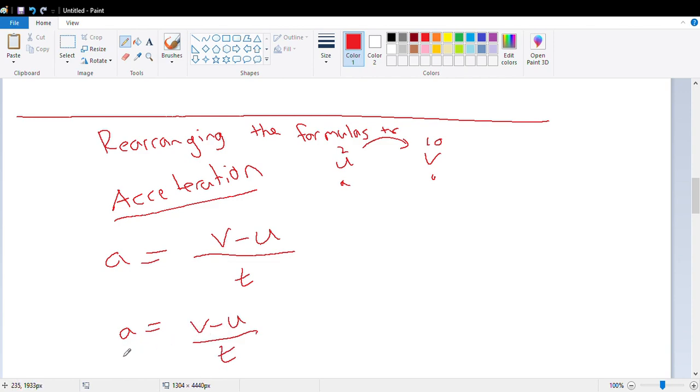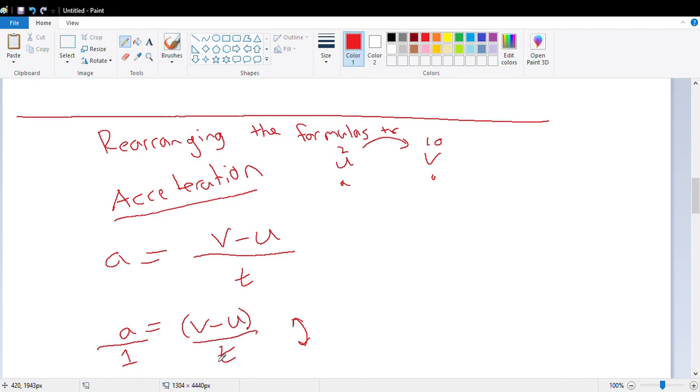Now if I want to find t, the first thing I'm going to do is draw in a fraction line over here, so I have a top and a bottom, just like over here, and I'm going to put in a set of brackets here because there's a subtraction or addition, and I'm going to try and move this t somewhere else. And to do that, I'm going to put a 1 on here, because if I put a 1 underneath, it's a divided by 1, which is just a. I haven't changed anything.